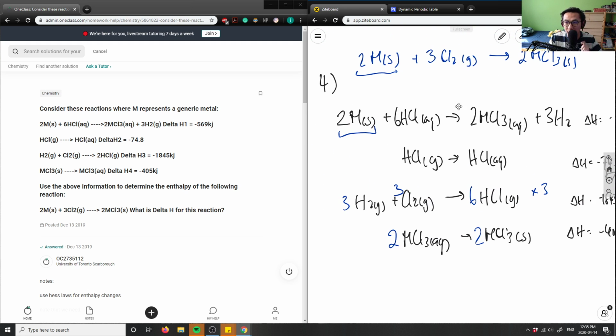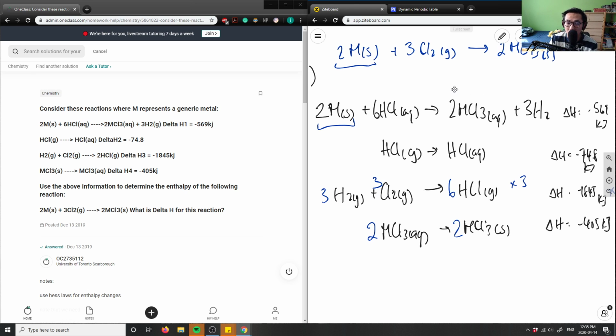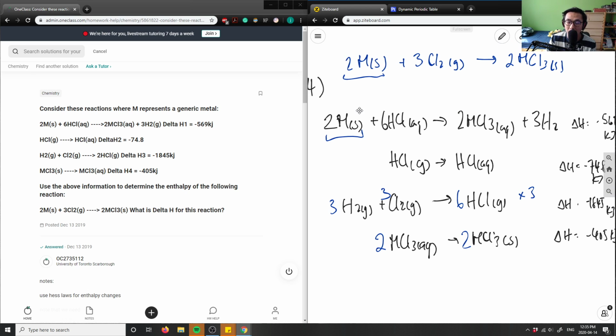So now I've accounted for all these things, but I have some side reactions I need to account for, right? I have two metal solids here. I'll do this in red. So what I have so far in terms of my target, I'm going to do the target stuff in red because that's what we need, right? I need this, and this, which I can get from two metal solids here.